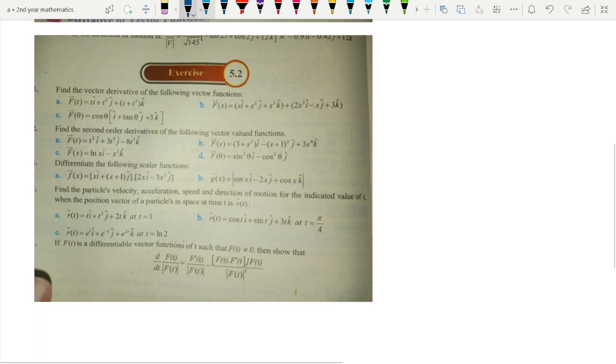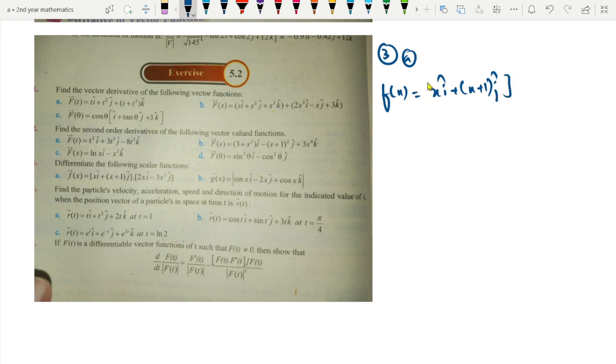Question 3, part A. f of x is equal to x i plus (x plus 1) j, dot 2x i minus 3x square j.